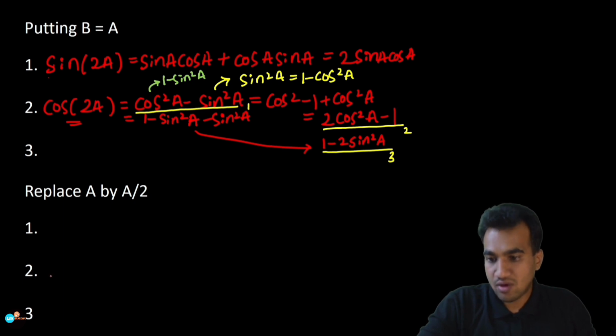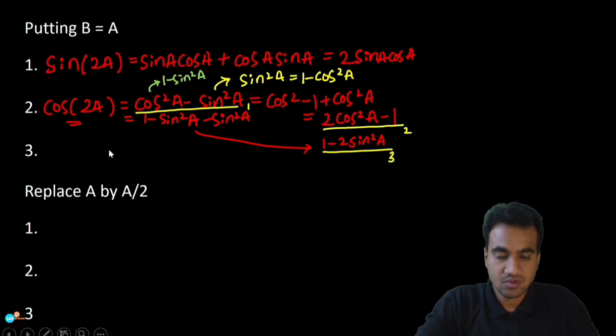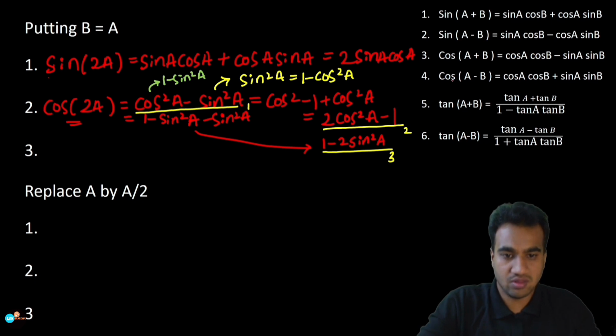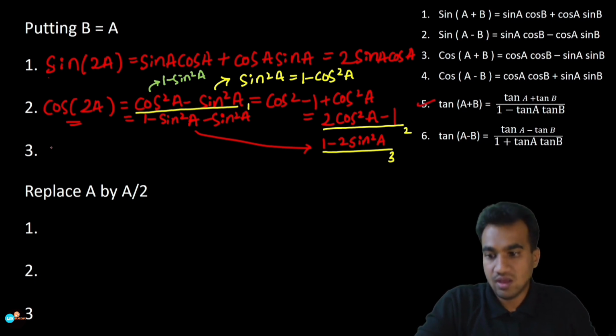And next you have, as we did for the others, tan a plus b. If you put b equal to a in this identity, you will get tan a plus a, that becomes tan 2a.